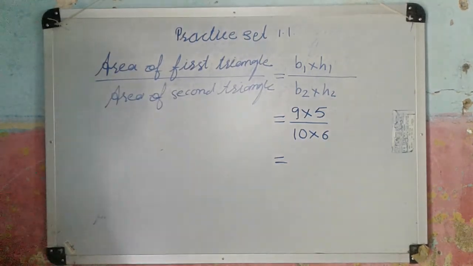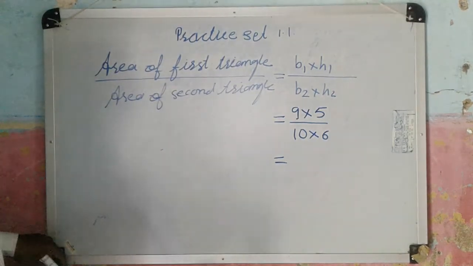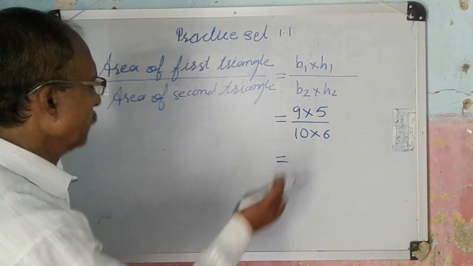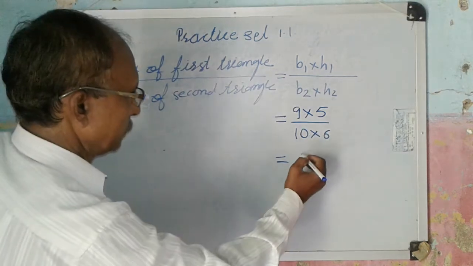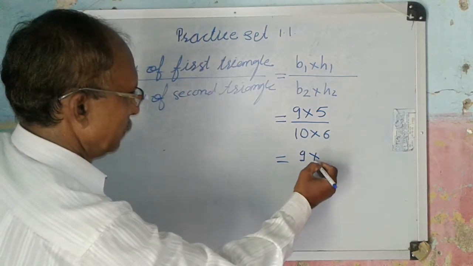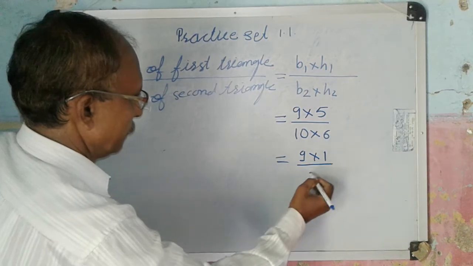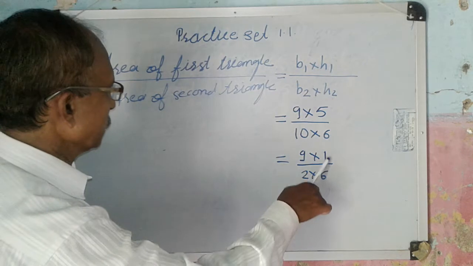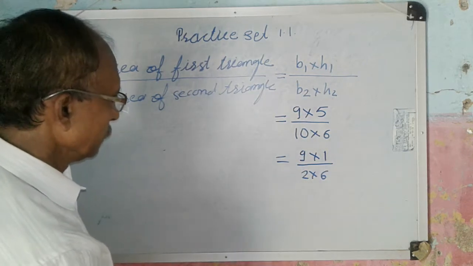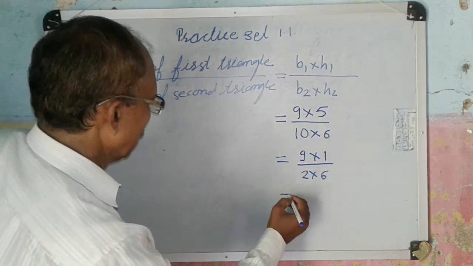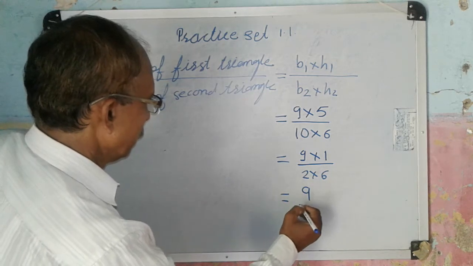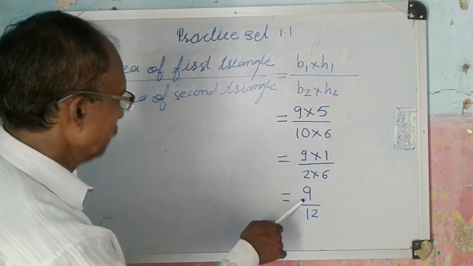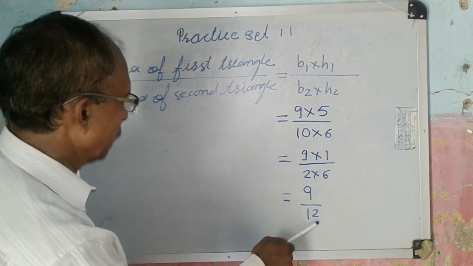Now see here, we will simplify this. If you divide 10 by 5, here we will get 5 ones are 5, 5 twos are 10, equal to 9 upon 12. 9 upon 2 sixes are 12.